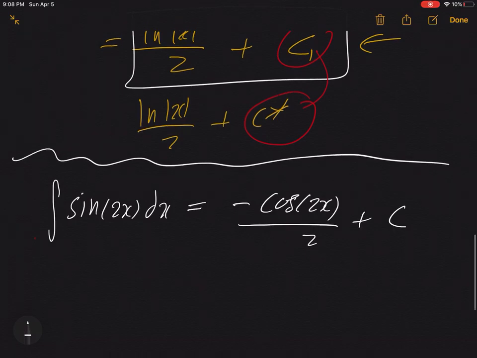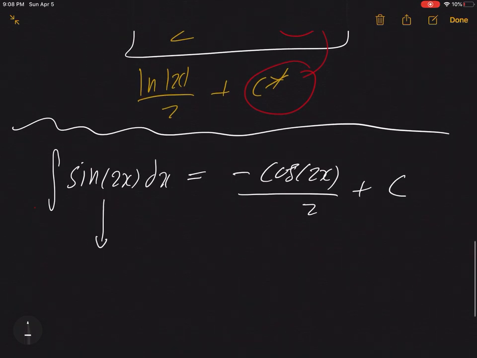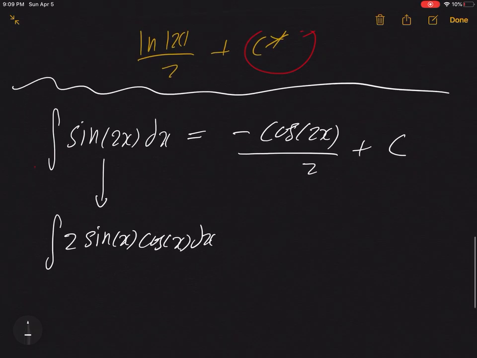But we may also write this integral as the integral of, according to the most common double angle formula, 2 sine of x cosine of x dx, and we can use integration by substitution.